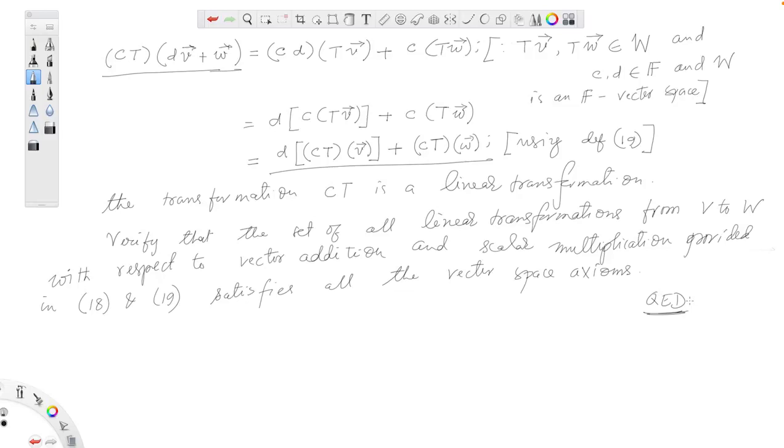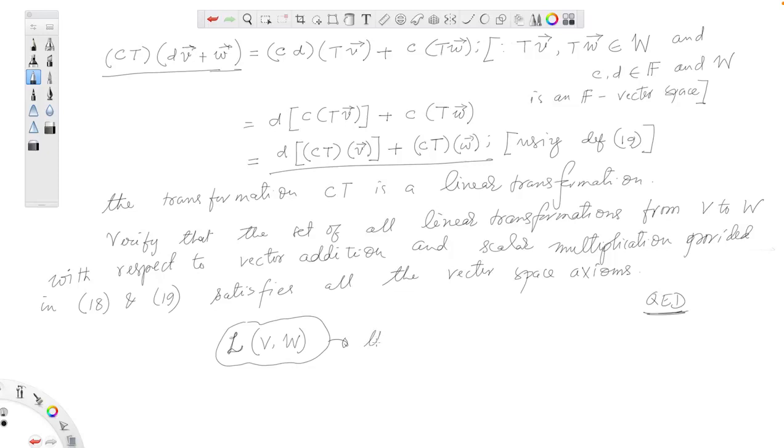All right. So we have to give a notation to this vector space. The set of all linear transformations from the vector space V to the vector space W is a vector space and is denoted by this symbol L(V, W).